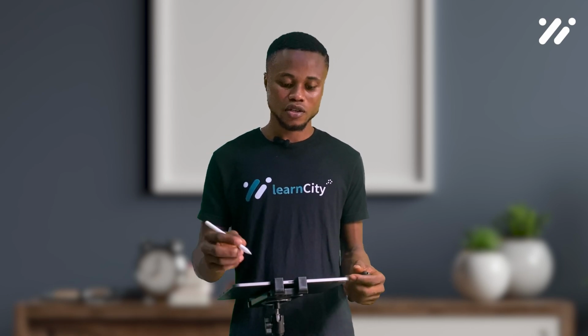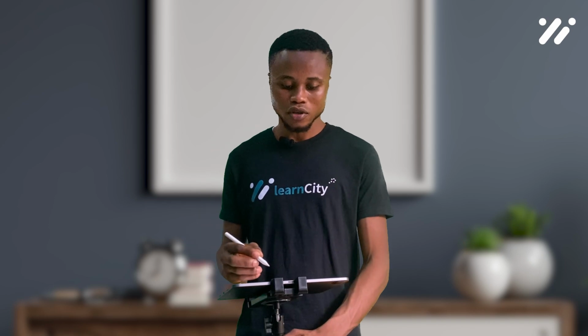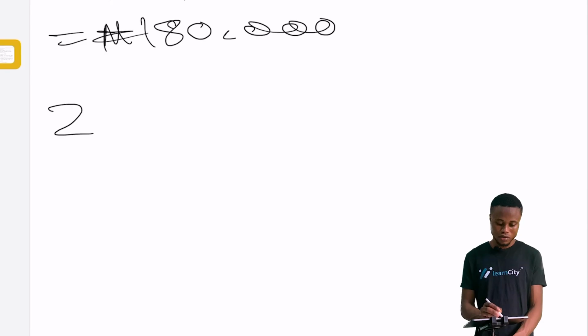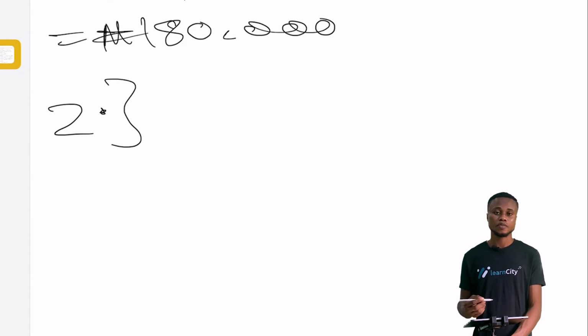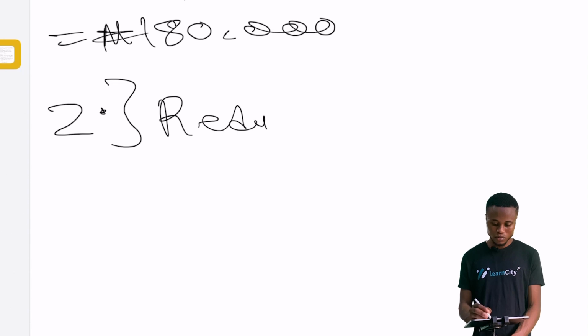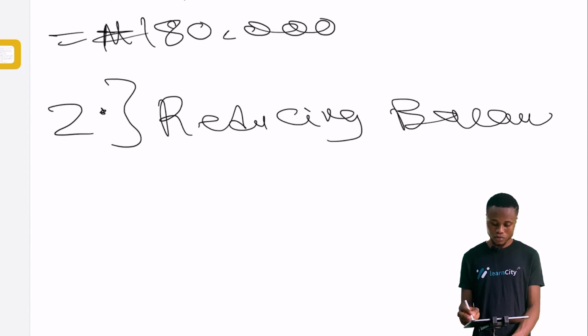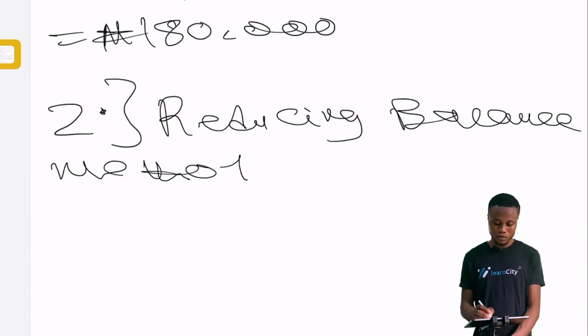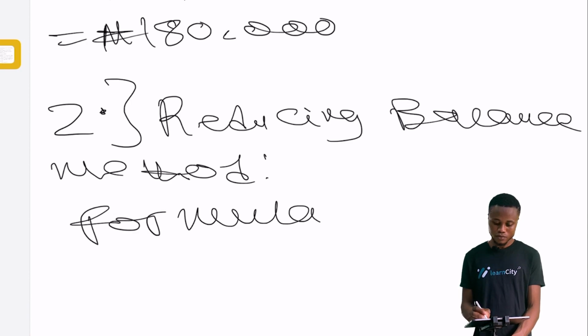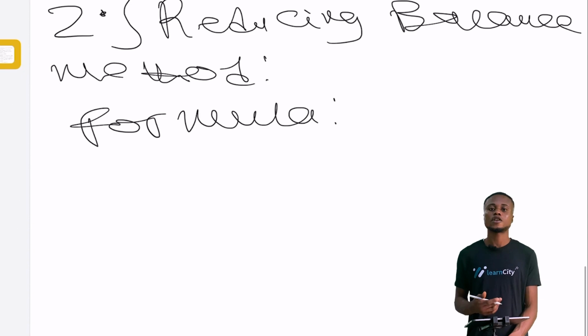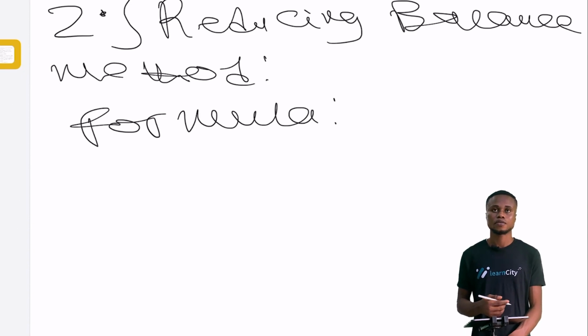First off, let me try and write the second depreciation method. The second one is the reducing balance depreciation. Reducing balance method. And the formula is, this formula also is quite straightforward.